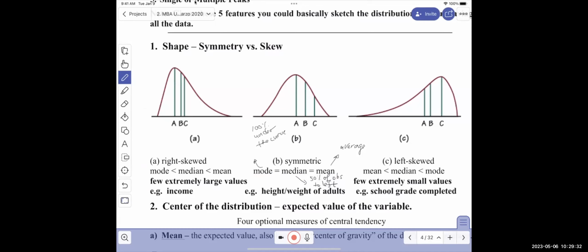So we're going to say that this is the most frequent class to make it clearer. So the mode, the median, and the mean are all the same here on a symmetric distribution.